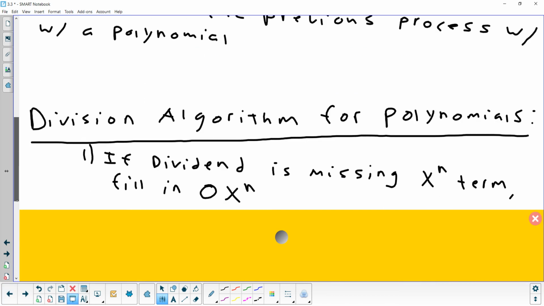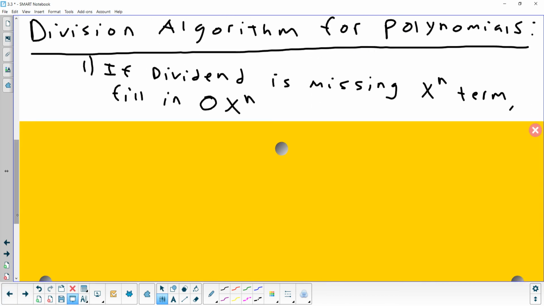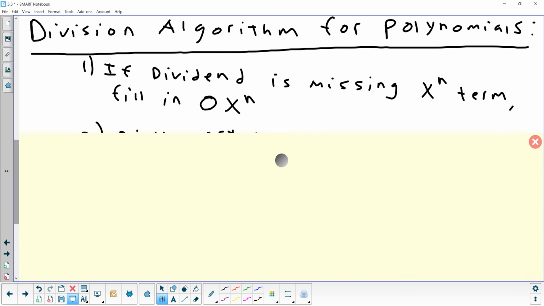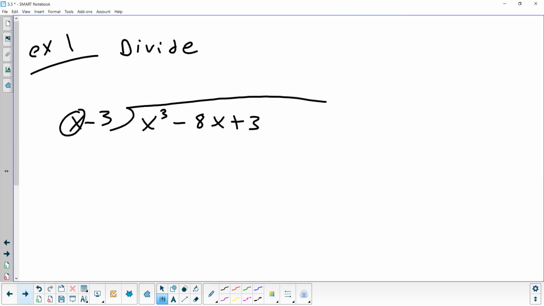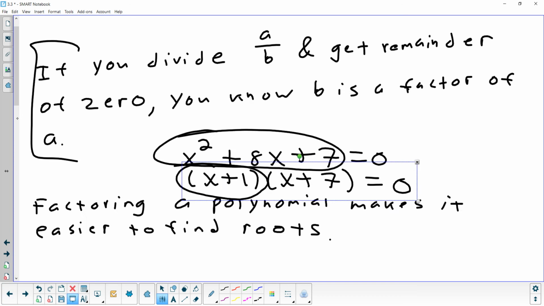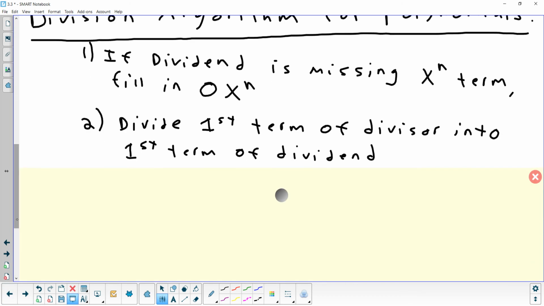So that step is more just setting it up. We haven't even started any math yet. The next step is to take the first term of the divisor. So in this problem, it would be x, and divide it into the first term of the dividend.